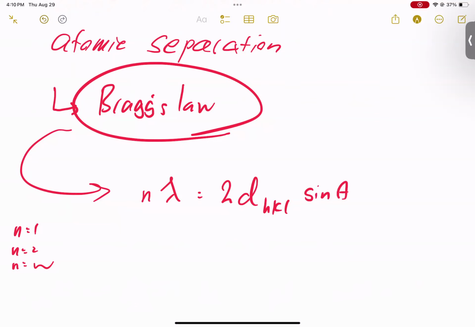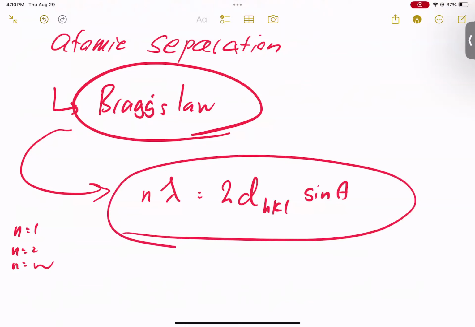Sine theta refers to both the angle of incidence and the angle of reflection. Remember, going back to physics, the angle of incidence must be the same as the angle of reflection. So this is Bragg's law and will be super important in determining the atomic separation and a whole bunch of necessary information we need in order to figure out crystal structure.